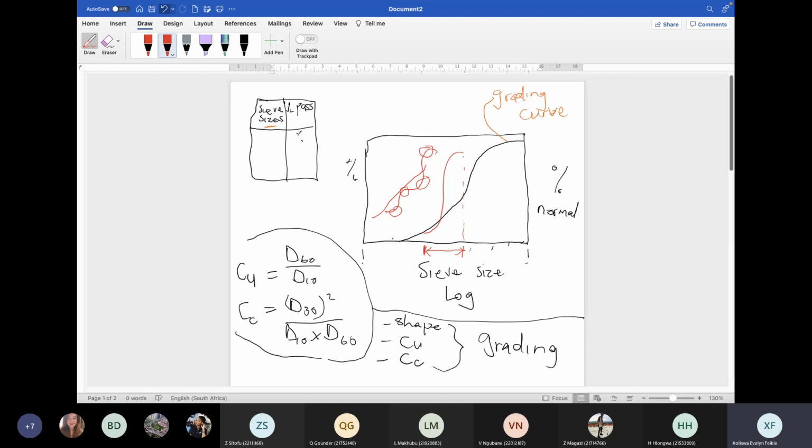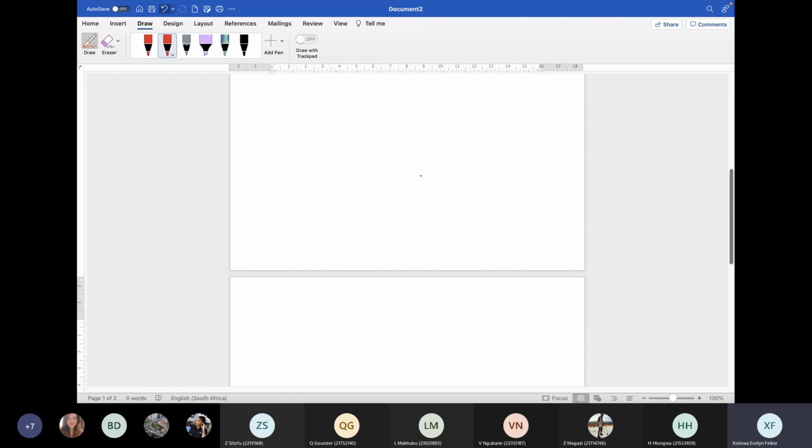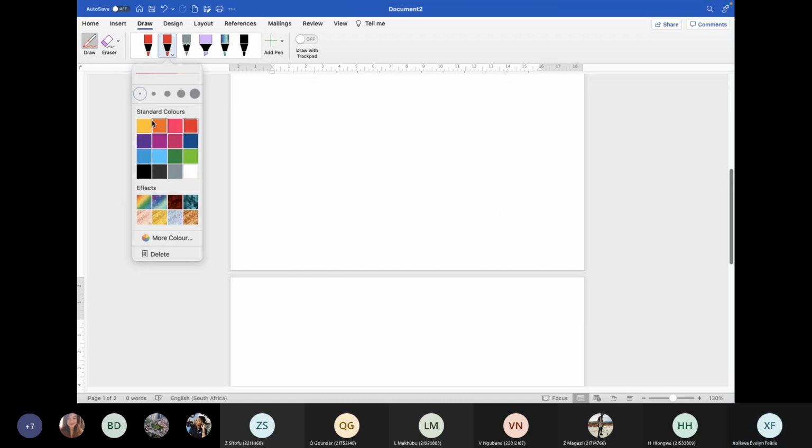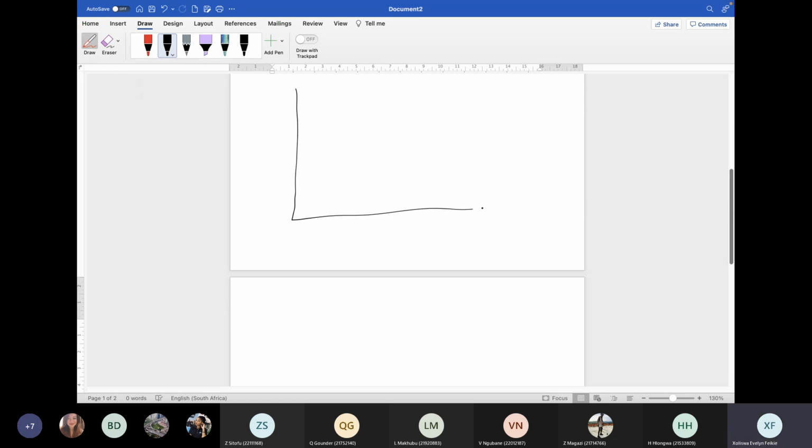How do you determine the value of Cu and the value of Cc? This is how you determine them. You have a graph, and you have a shape like this. You have percentages, you have sieve sizes.